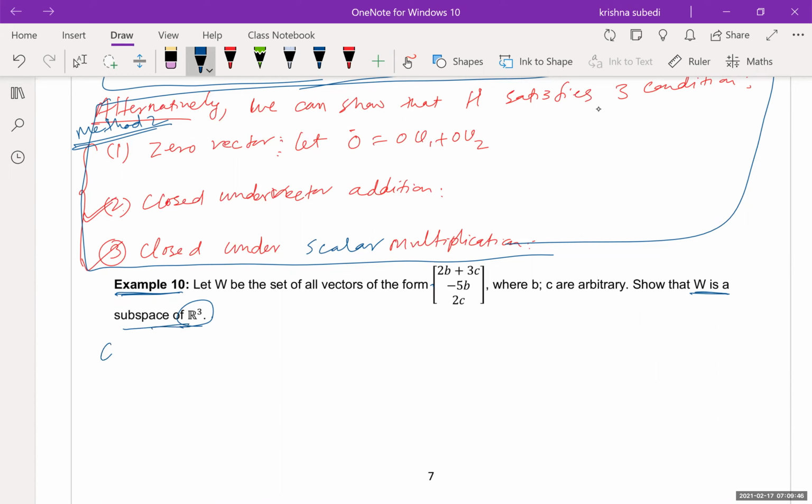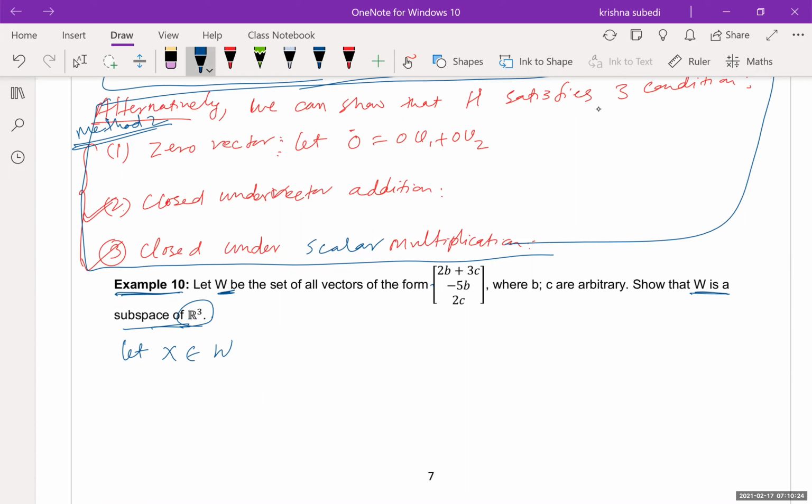What is given here is that W consists of vectors with entries 2B plus 3C and minus 5B and 2C. Let us suppose that X belongs to W. W is a subspace and I want to consider one of the vectors from that subspace.